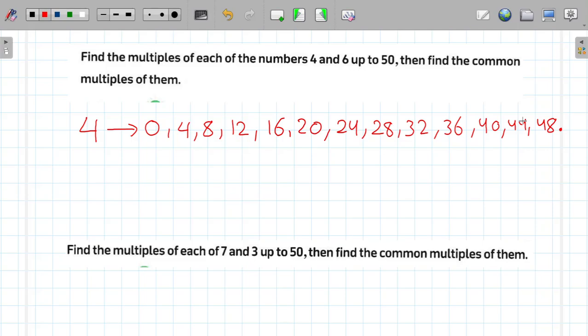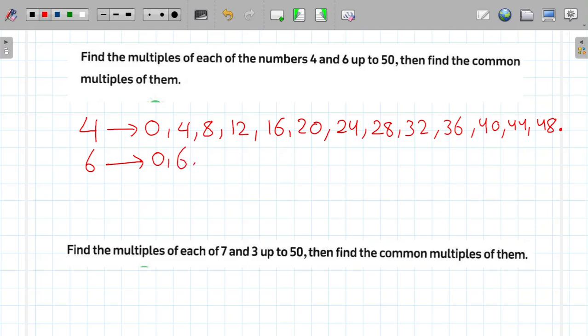Okay, so I start with 0 and every time I add 4. So 4 plus 4 equals 8, 8 plus 4 equals 12, and so on until I reach 48. Next I have the multiples of 6. So I will start with 0.